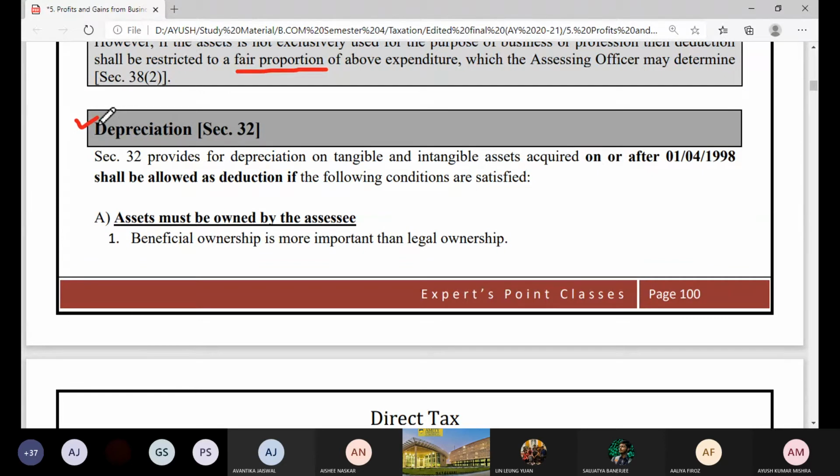After studying a particular chapter so much, one may think that he knows everything about depreciation.